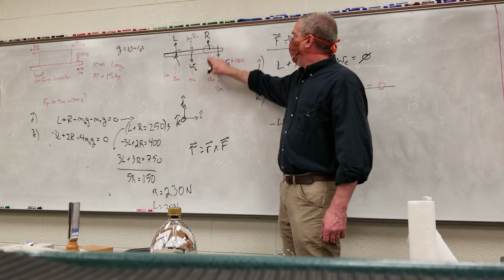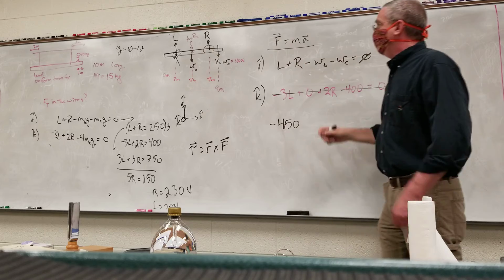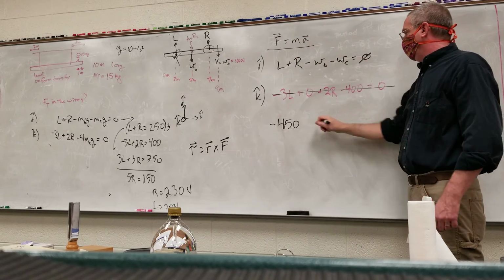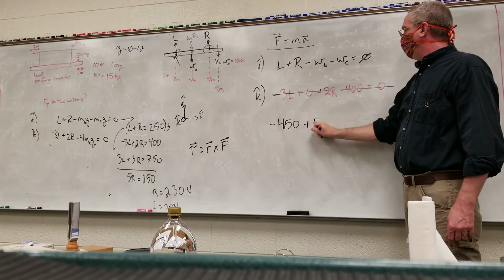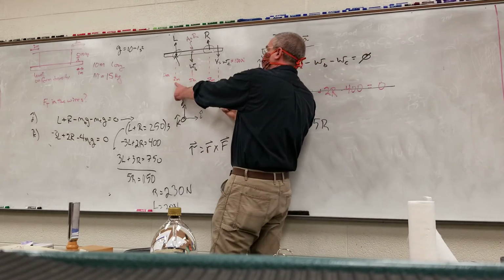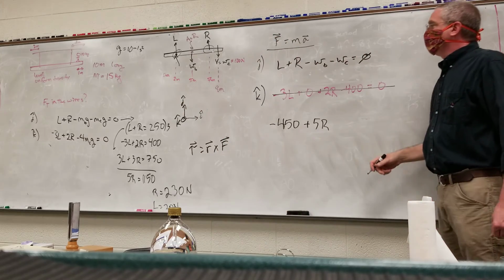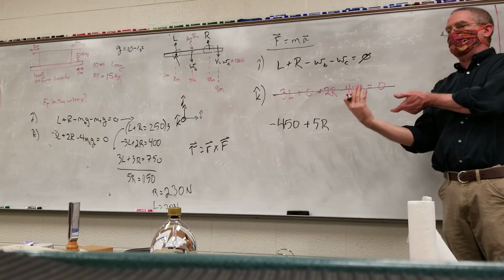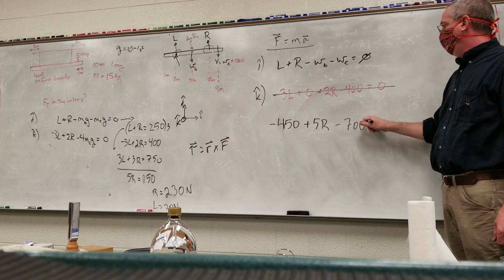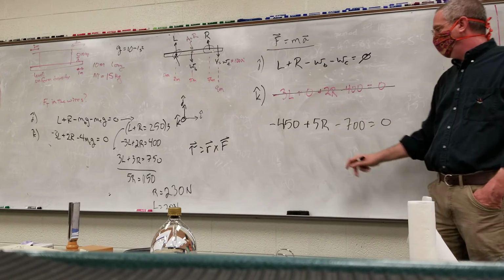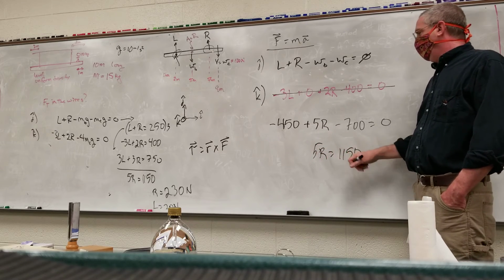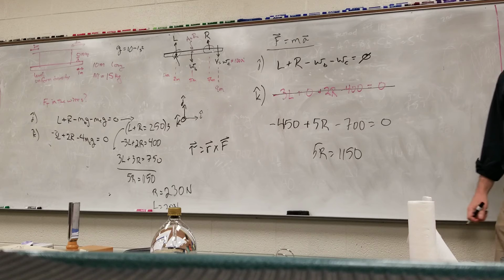The right-hand side here, it's 5 meters away, and that's trying to rotate it counterclockwise or out of the board. So plus 5r. And then the weight right here is 7 meters away, and it's trying to rotate it counterclockwise from our point of view or into the board. So minus 700 is equal to 0. 5r is equal to 1150, which is exactly where we were over there.